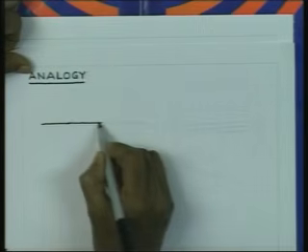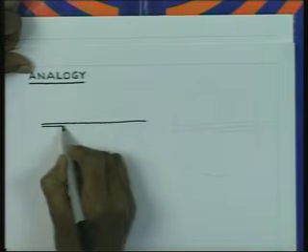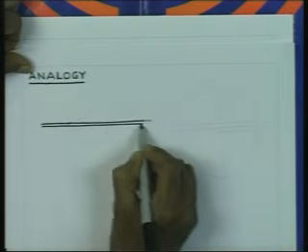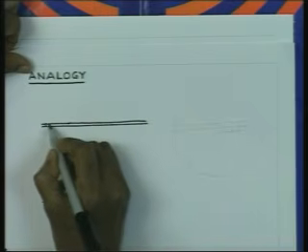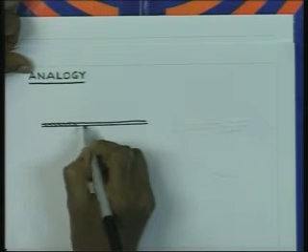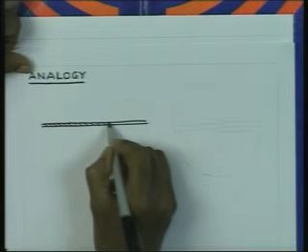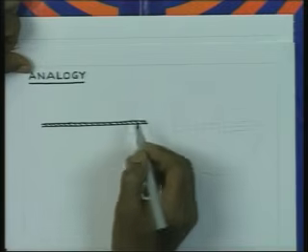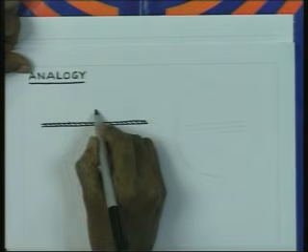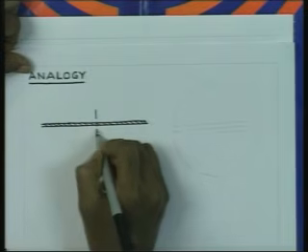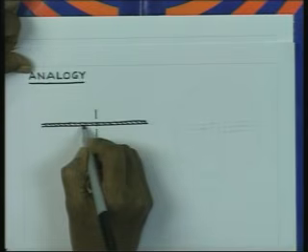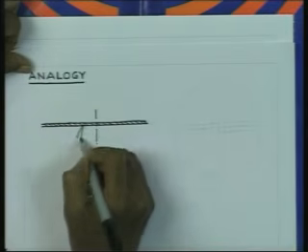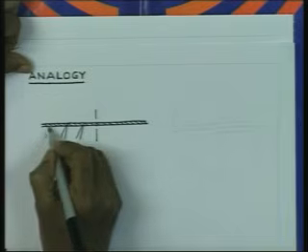Now, think of a case that you have a tug of war situation. Let us consider that this is the rope for the tug of war. So, this is the middle. Now, we will have the people pulling it from either side.